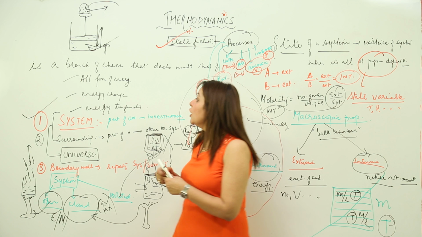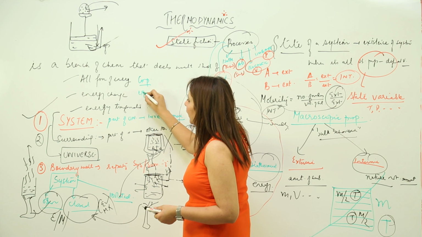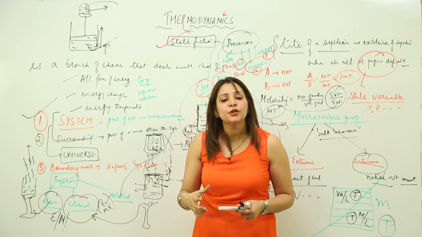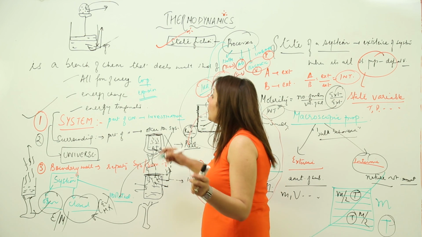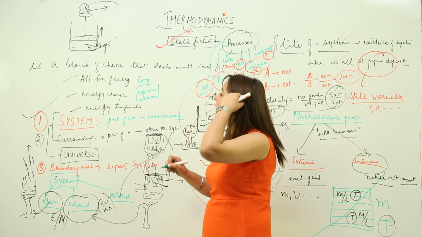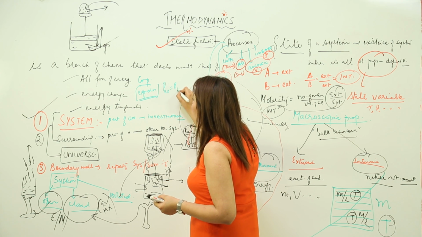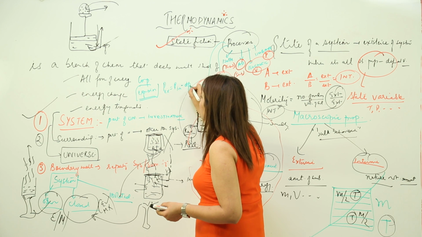And one more thing: we can have compression and we can have expansion, right? So we have the criteria for the compression to happen and for the expansion to happen. If we want a gas to expand, then the external pressure is P internal minus dP.